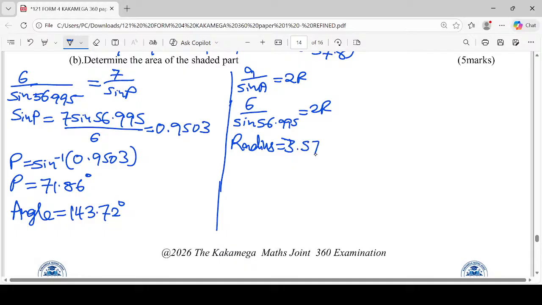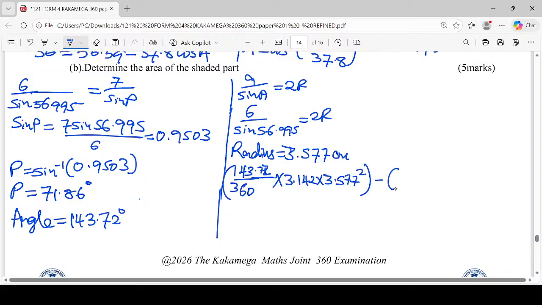3.577 centimeters. After we've done the computation for the radius, now to get the shaded area, we are going to take the area of the sector, which is 143.72 over 360.